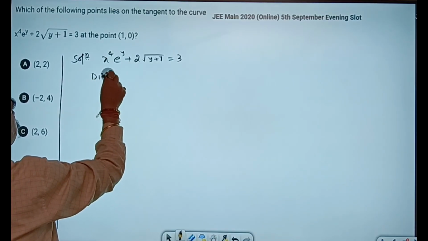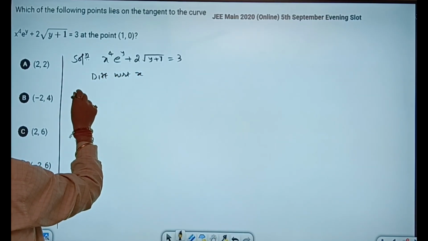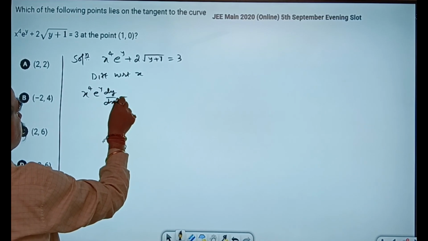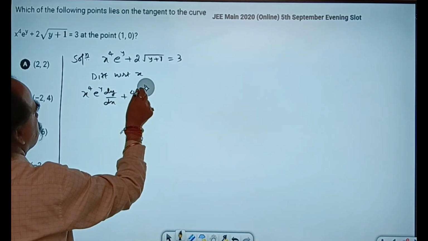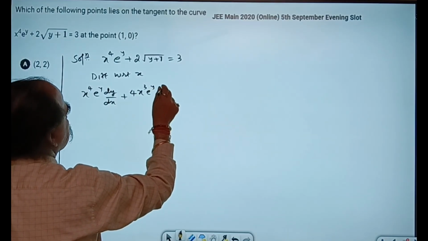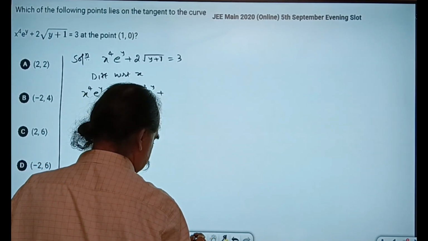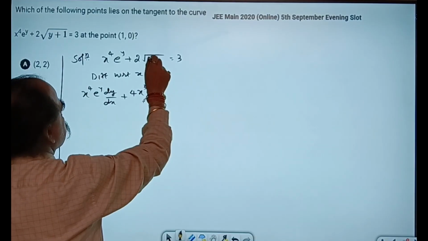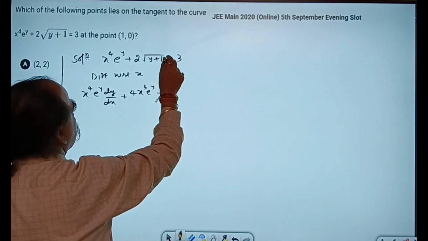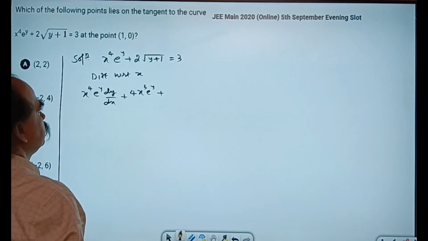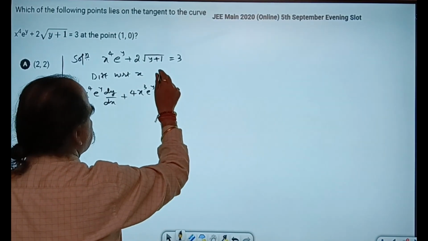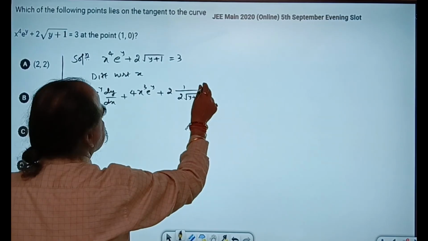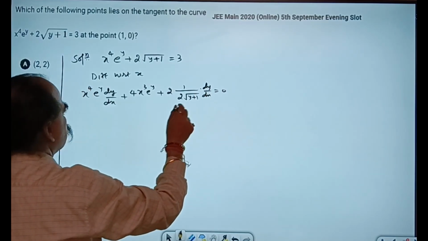So differentiating with respect to x: x raised to 4 e raised to y dy by dx plus 4x cube e raised to y plus 2 into derivative of root y plus 1, which is 1 upon 2 root y plus 1 into dy by dx, is equal to 0.